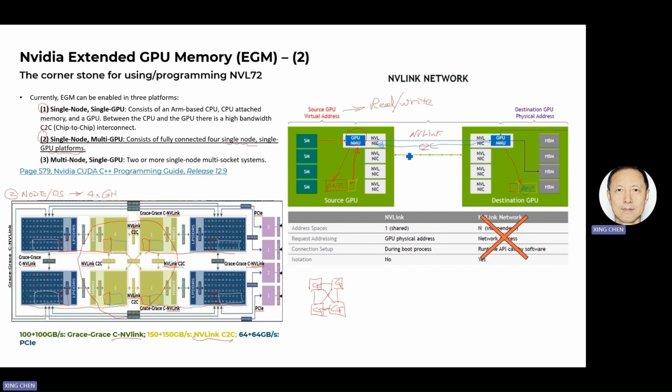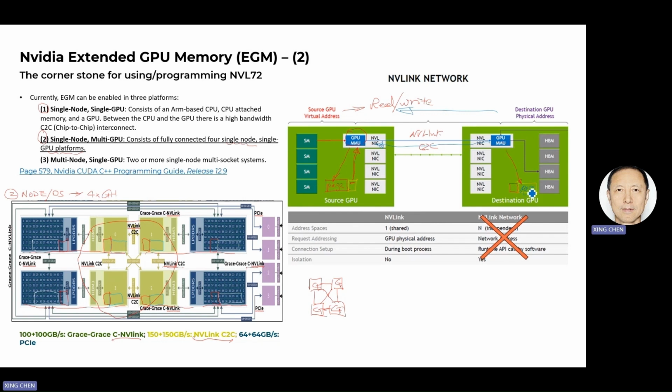This is what should have happened. And the other way around is the same thing. If the destination GPU wants to read or write to the source GPU, it is going to be the same story.